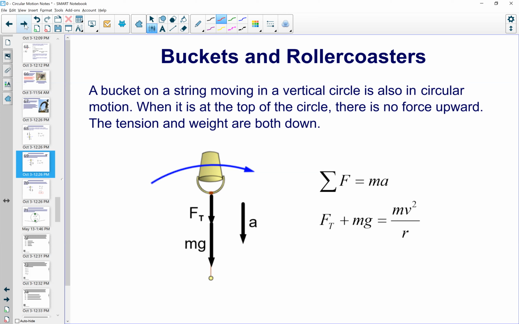We wouldn't subtract them at all. The net force is also mv squared over r, because if it's going fast enough, it's still traveling in a circle. So there is that point where it would be weightless, where the tension would basically be zero, and it would just be the weight that's making it stay in the circular path.